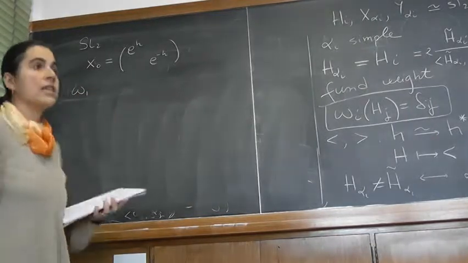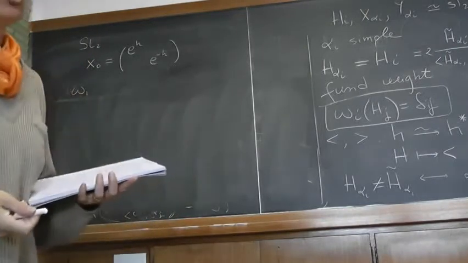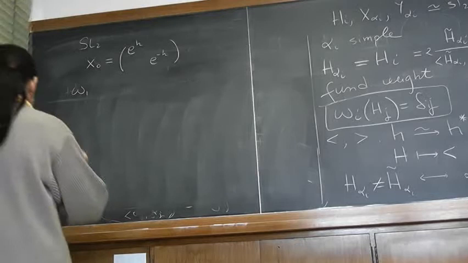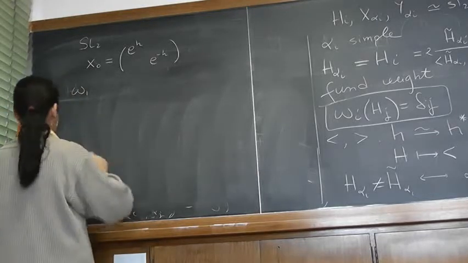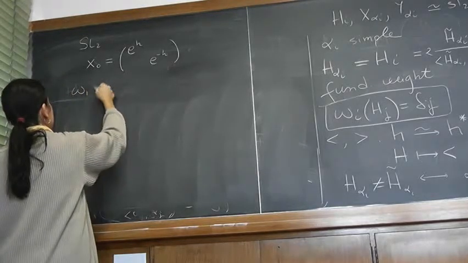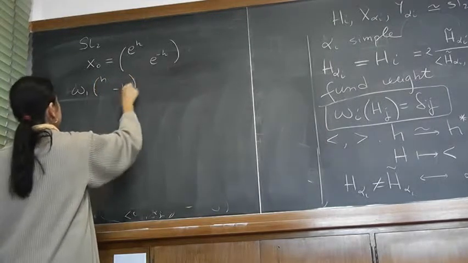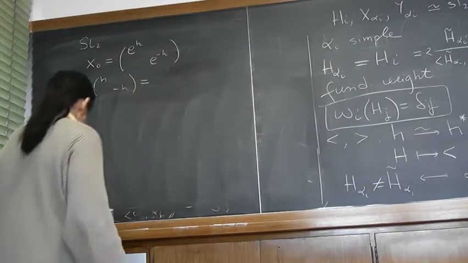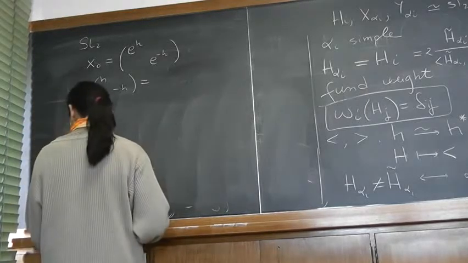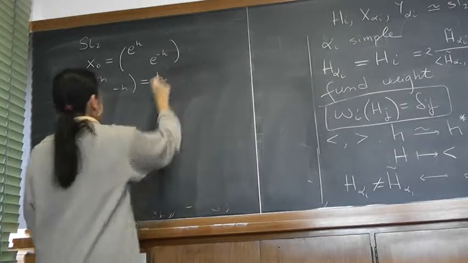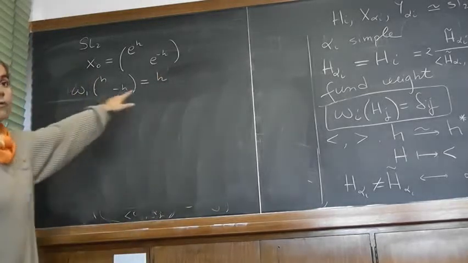Well, for SL2 there is just one fundamental weight, which corresponds to half the root. What does omega 1 do? This goes from omega 1 of h minus h, so this will give you h. So this is the fundamental weight for SL2.